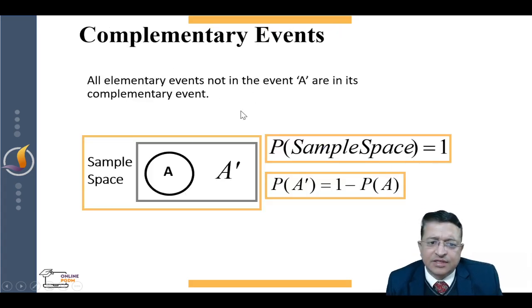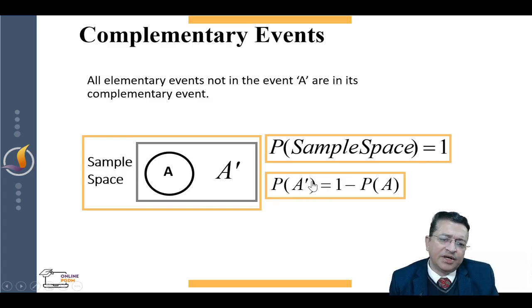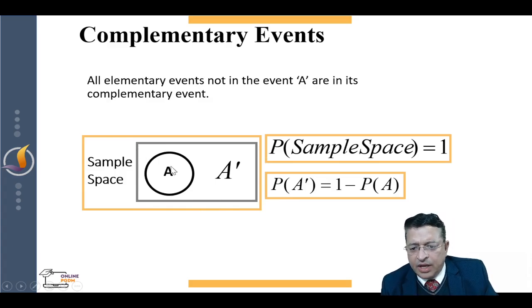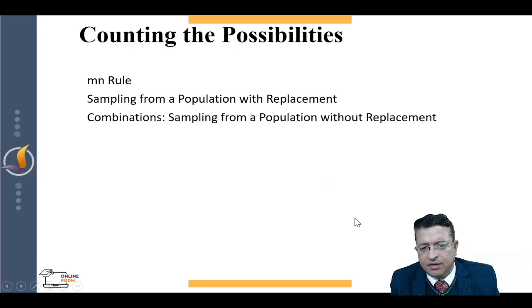There are certain things we must know: the probability of the whole sample space is equal to 1, and to calculate any complementary event probability, it is 1 minus the probability of the main event. If this diagram is considered as a universe and there is one event A, the complement can be calculated as the total probability, which is 1, minus the probability of this particular event.